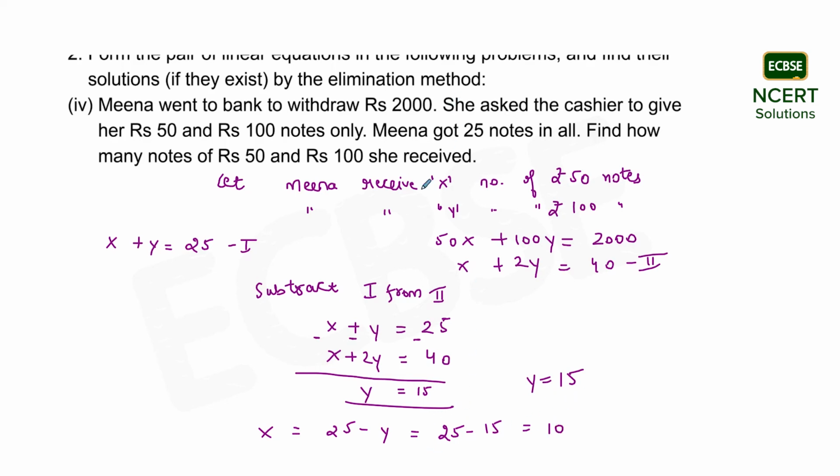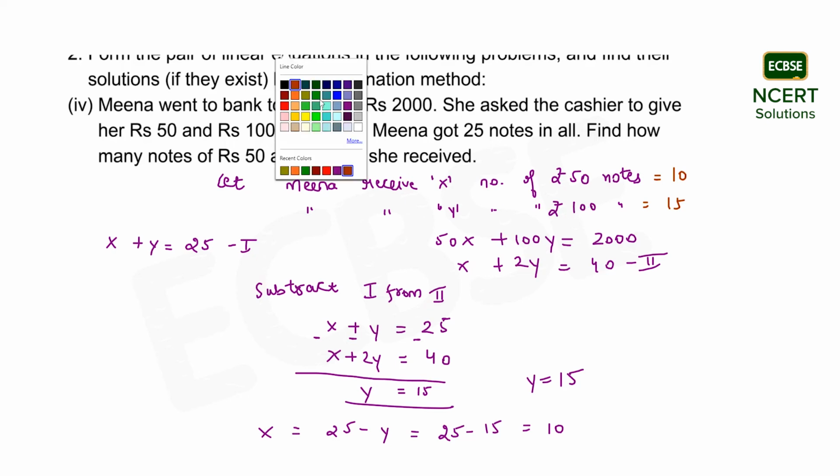So we can conclude that Meena receives 10 notes of rupees 50 and 15 notes of rupees 100. Okay. Now it's been asked, find how many notes of rupees 50 and rupees 100 she received. So she received 10 notes of rupees 50 and 15 notes of rupees 100.